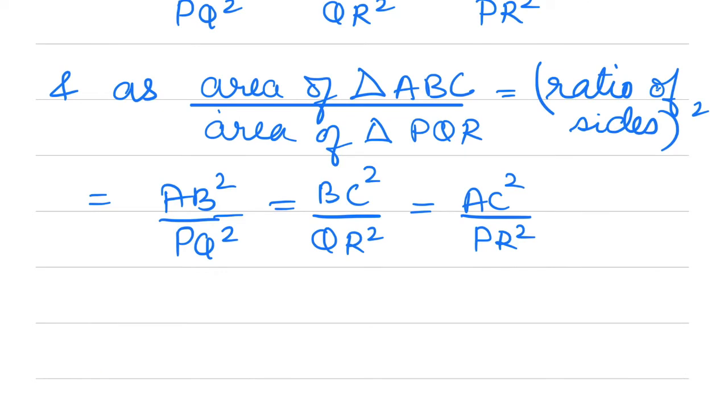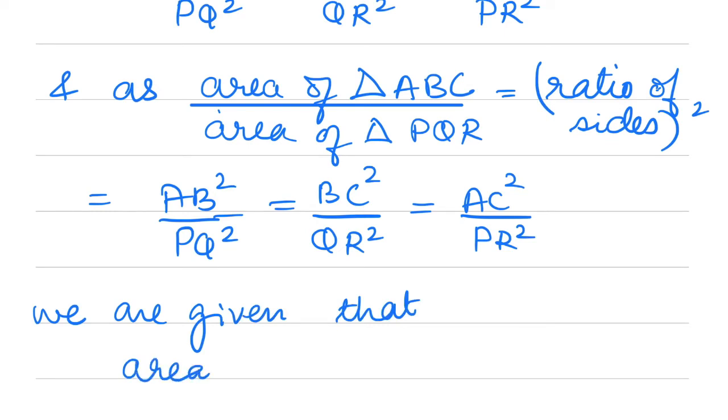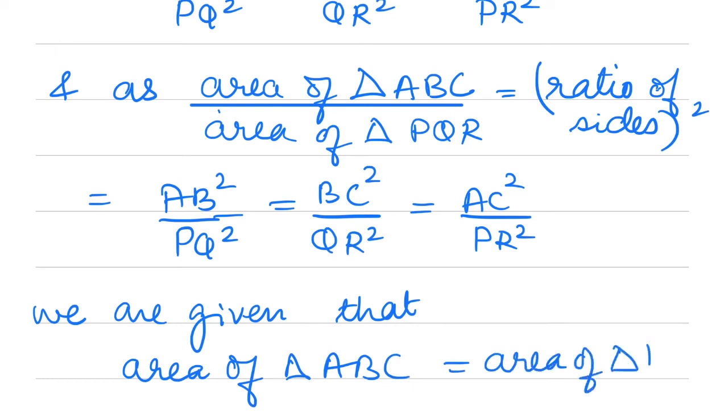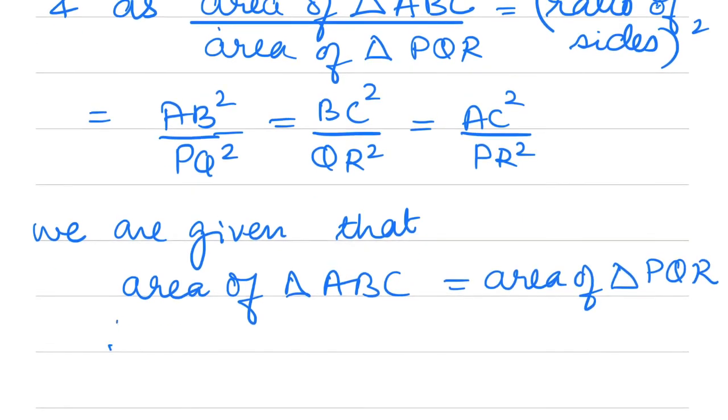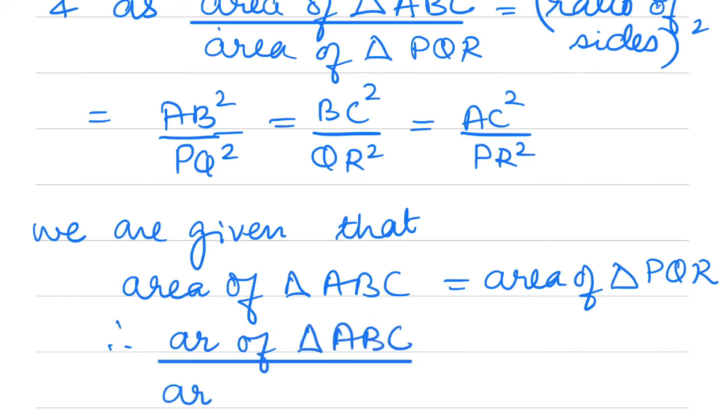And we are given that area of triangle ABC is equal to area of triangle PQR. Therefore, area of triangle ABC by area of triangle PQR is 1.